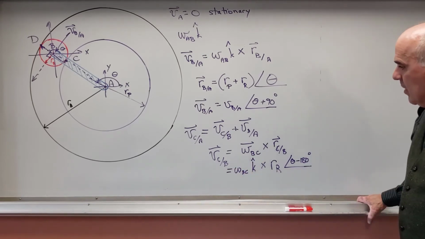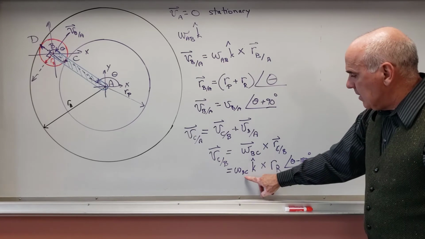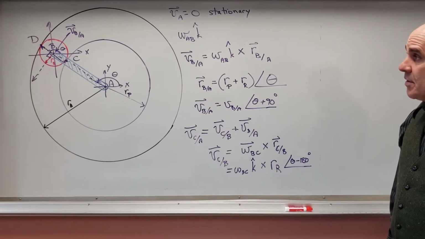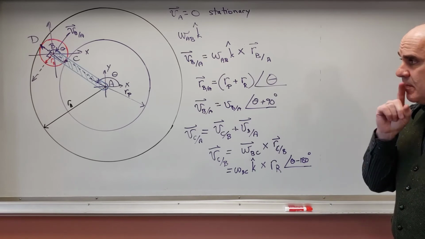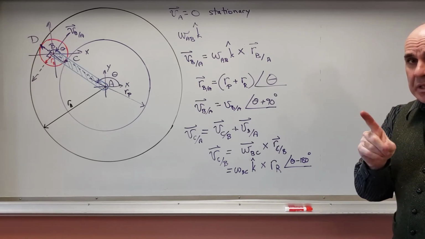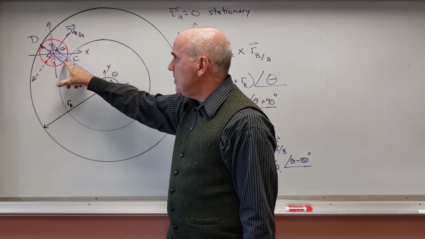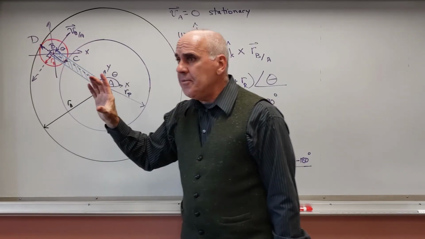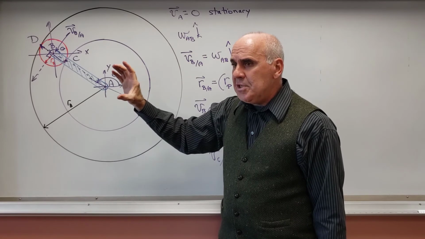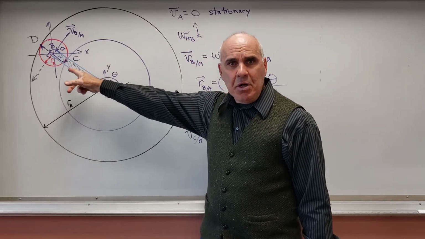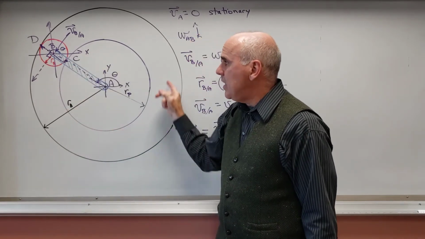Okay. So I don't know the velocity, and technically right here I don't know what omega BC is either. But let's think about this, because we talked about this when we talked about the rolling disk. As the gear rolls, the velocity at C is 0 compared to the purple disk.